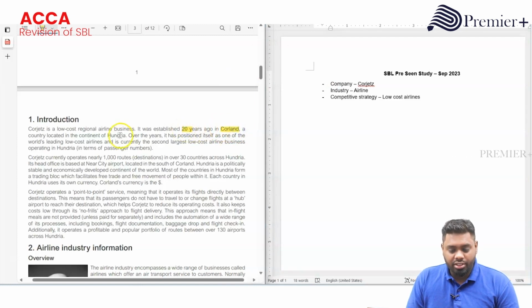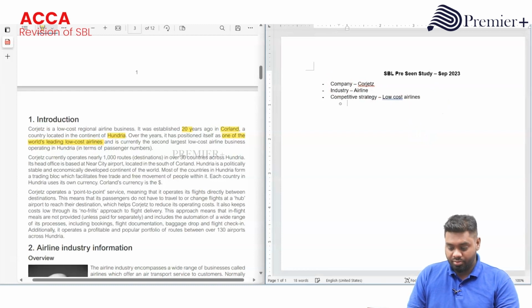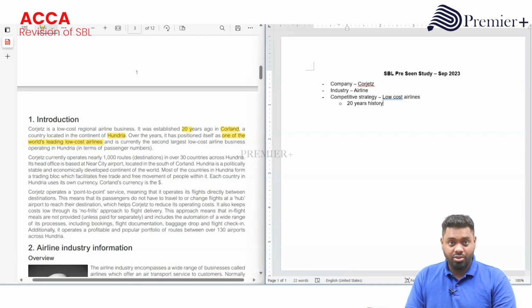It was established 20 years ago in Courland, a country located in the continent of Hungary. Over the years, it has positioned itself as one of the world's leading low cost airlines. So achievements: 20 years of history, which says for the last 2 decades it was present in the market, so it's quite known, and it is one of the world's leading low-cost airlines.